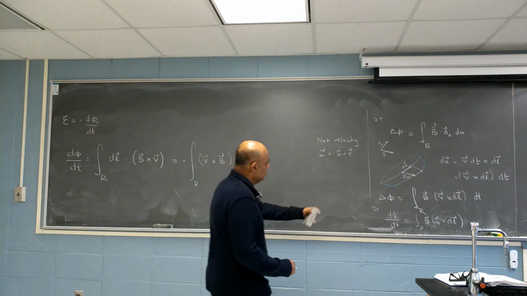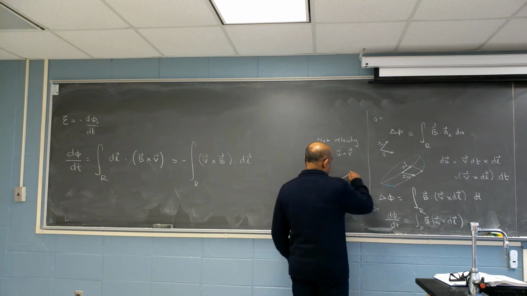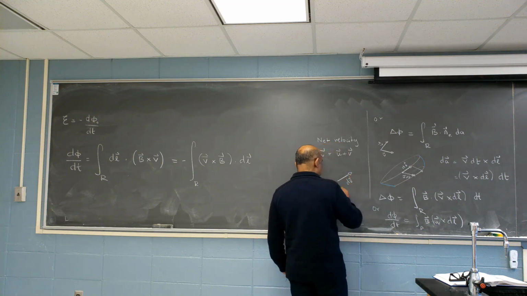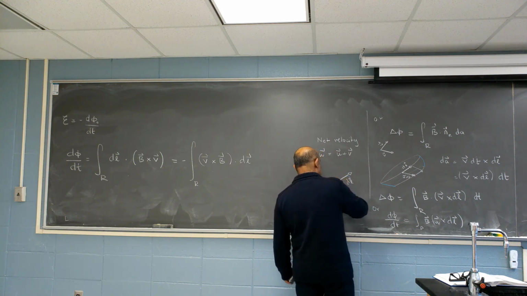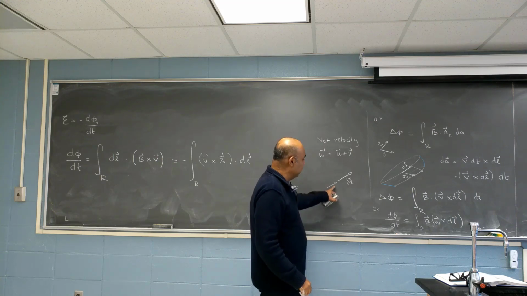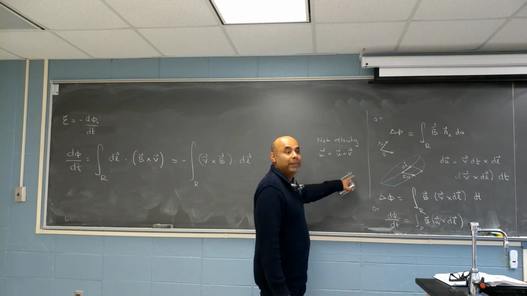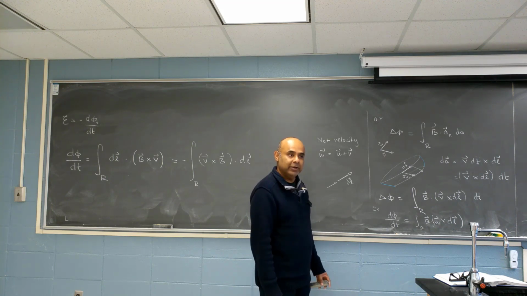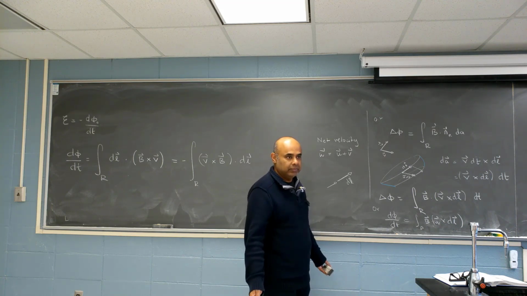Look at this. dl over here is that. And if you have a velocity along the current, u is also along dl. So if you take two parallel or anti-parallel vectors and take the cross product, what do you get? Zero.